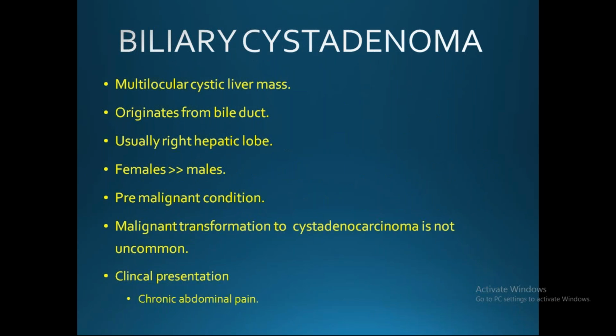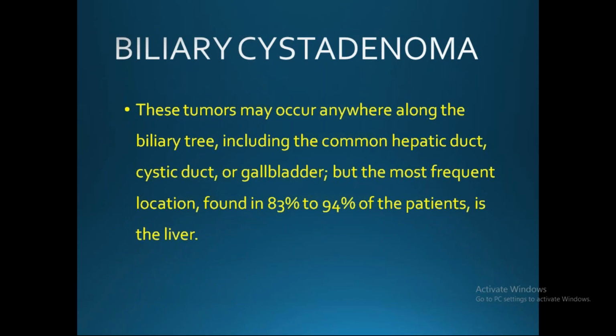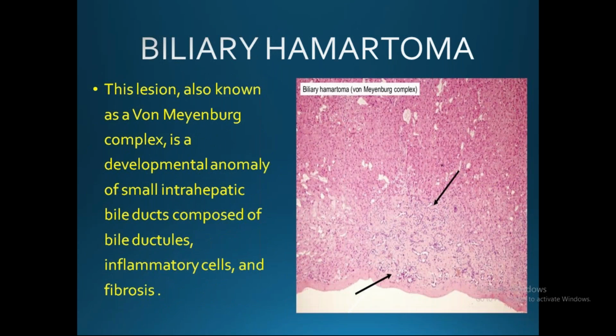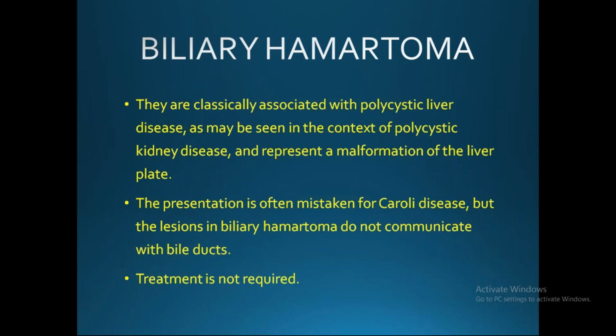Other things are the biliary cystadenoma and biliary hamartoma. Both these things, just remember them. These are very rare subtypes where treatment is not actively required. So that's it for today.